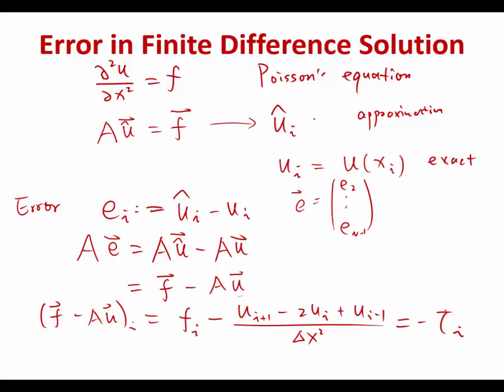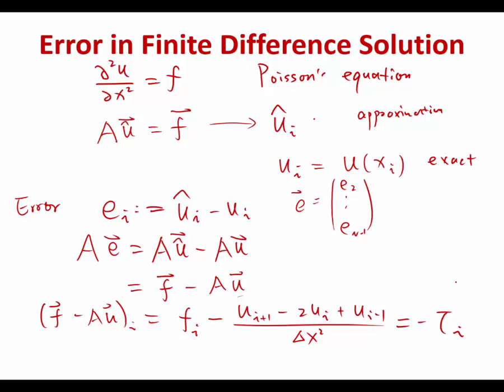And the truncation error is something we can analyze using Taylor series. We can't analyze the solution error using Taylor series. But the solution error is what we really care about. That is a direct measure of the quality of your numerical solution.